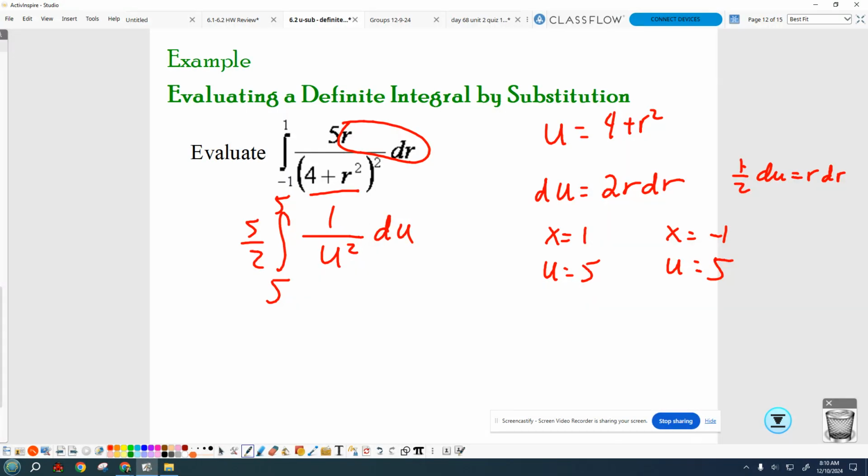And Roman said, but the bounds are the same because I translated my X values into U values. So he's like, so I don't even need to integrate it, I can just go 0. Those of you who don't, take that. I did it correctly.